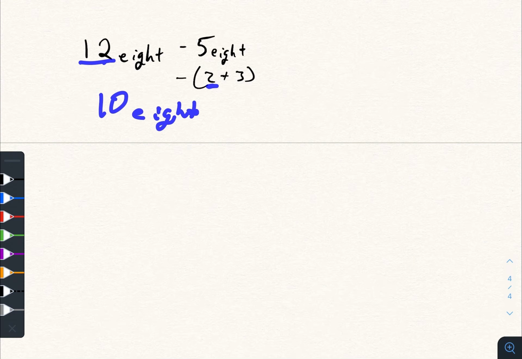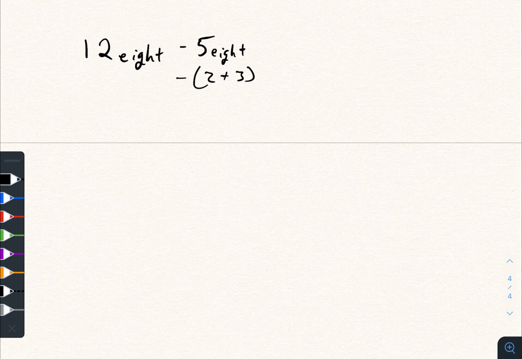Okay? So if I take away 2 first, and then I take away 3, then I have 10 base 8, and then I take 3 away from that, and then I could just count backwards and get to 5. So 12 base 8 minus 5 base 8 is, if I take 2 away first, 10 base 8, and then minus 3 base 8.